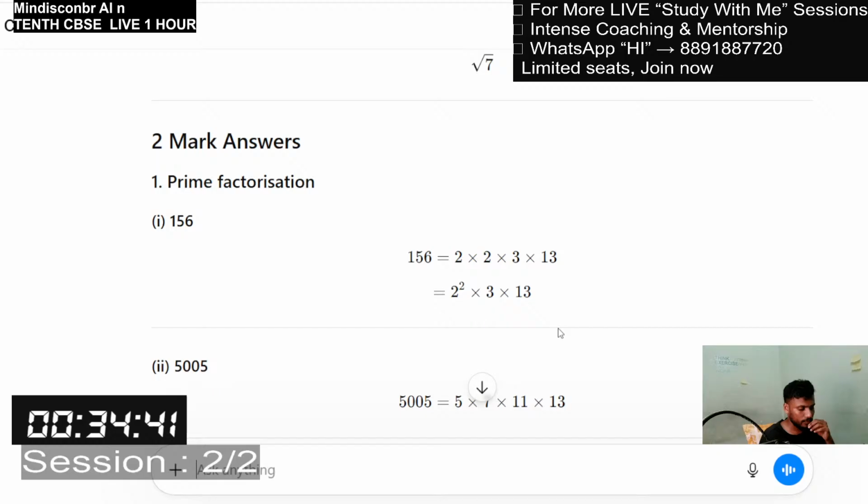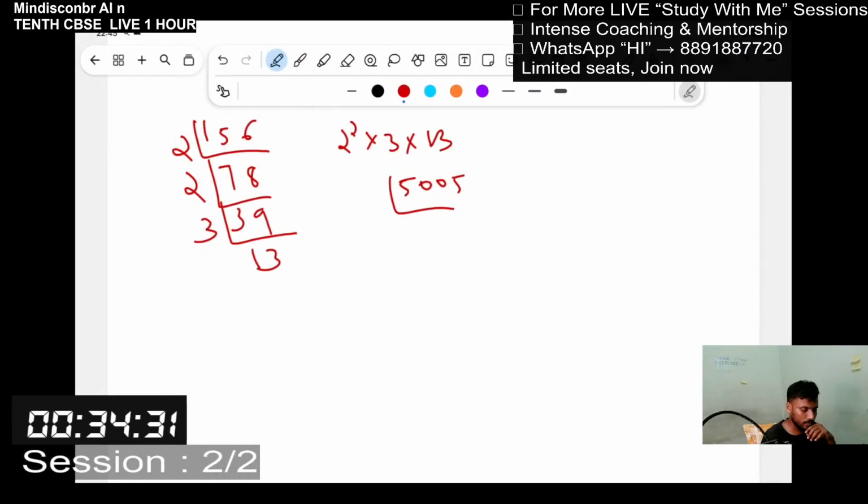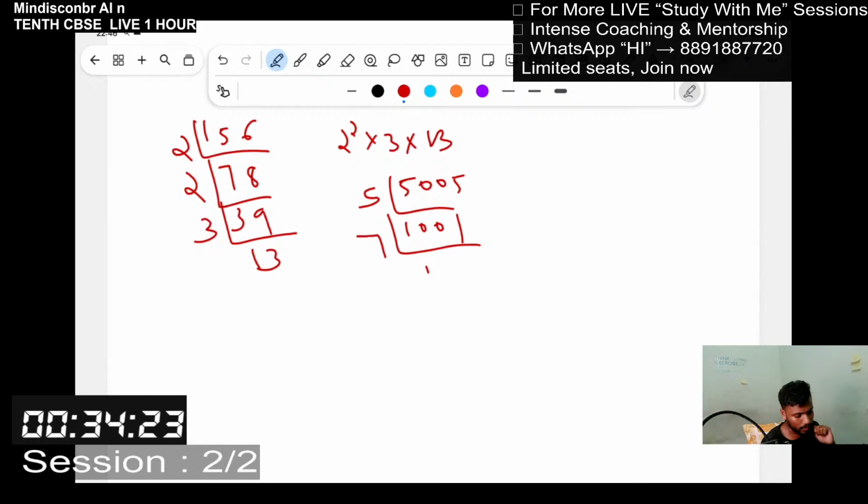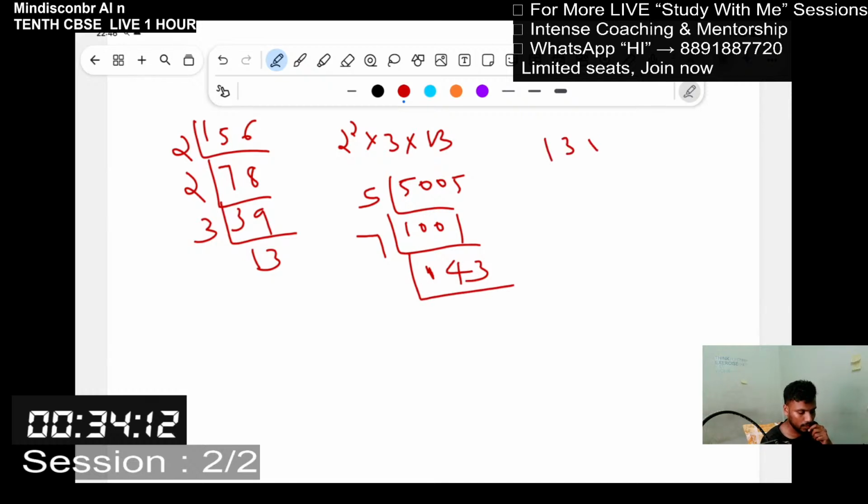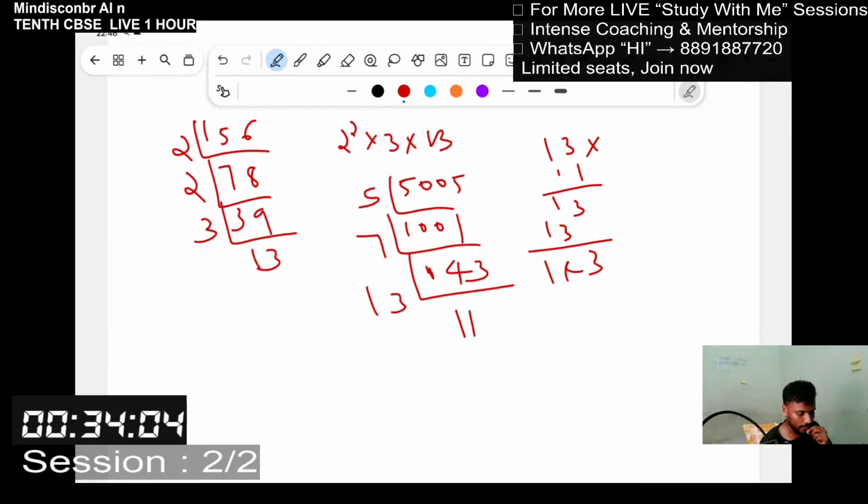Next, 5005. Is it divisible by 7? 5005 divided by 7 is 715. Now 715 is 13 into 55, that is 5 into 11.